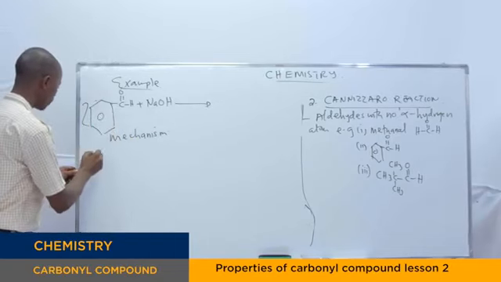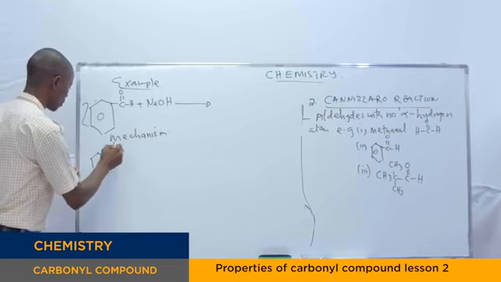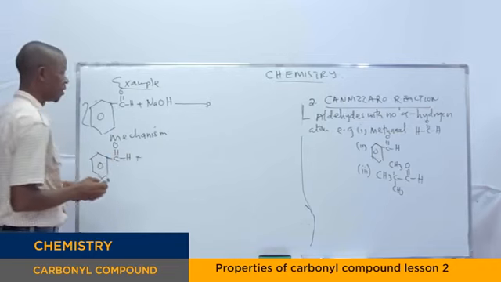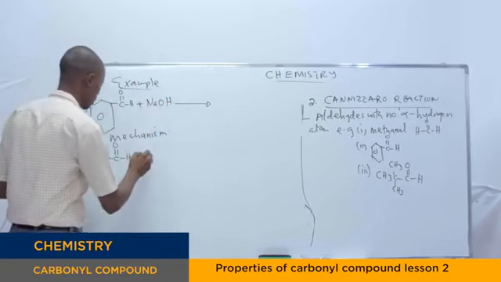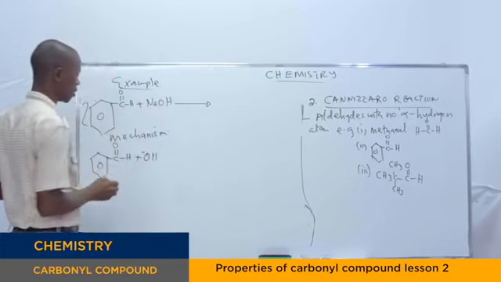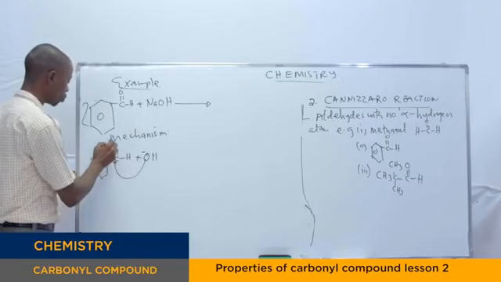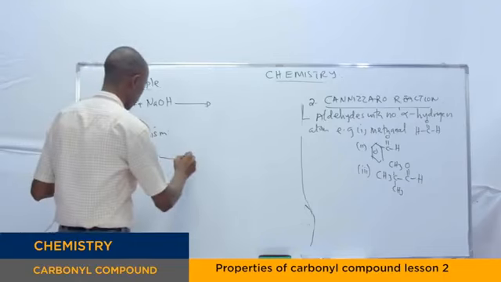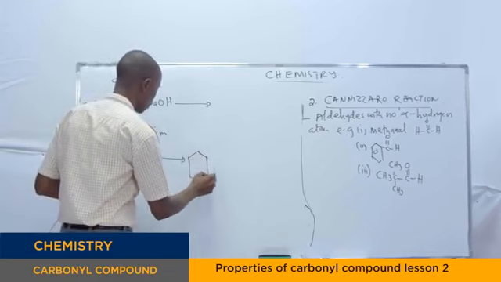The first one, this reaction is initiated by the hydroxide group from sodium hydroxide. Now this one will attack this carbon atom, making the electron move to the oxygen atom in that way. The product here will be this compound.